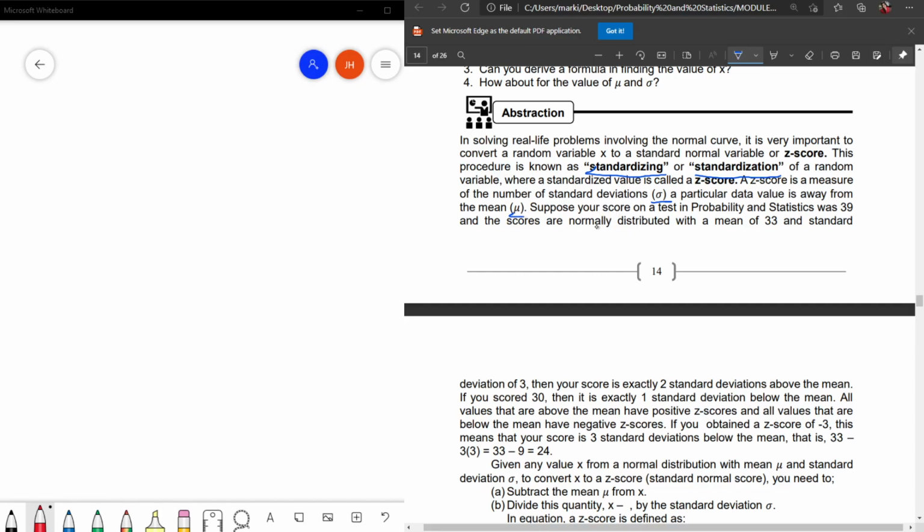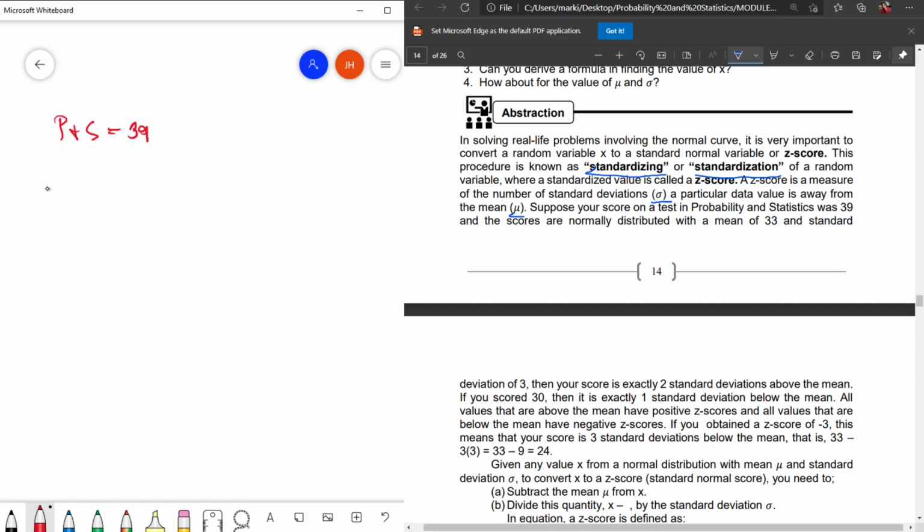Suppose your score on a test in probability and statistics was 39. You have the given here: the score in probability and statistics is 39, the mean is 33, and the standard deviation is 3.